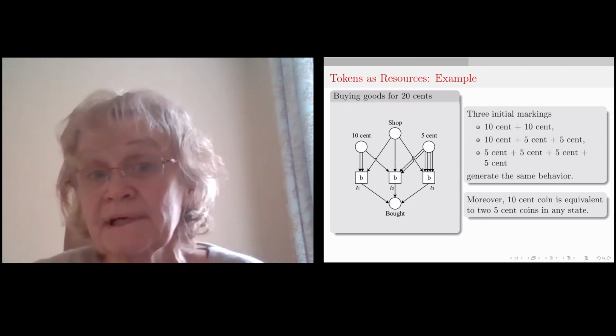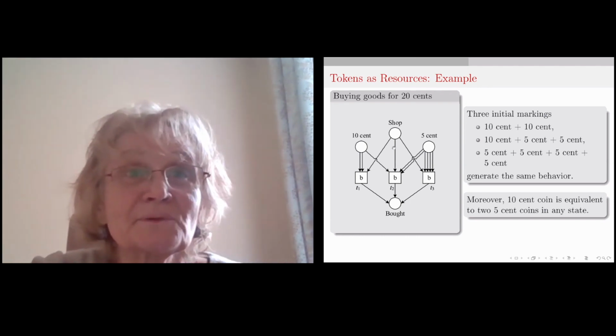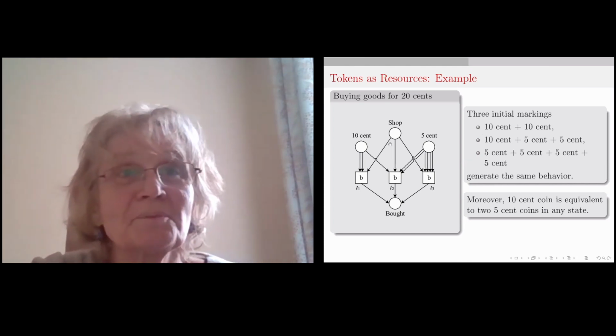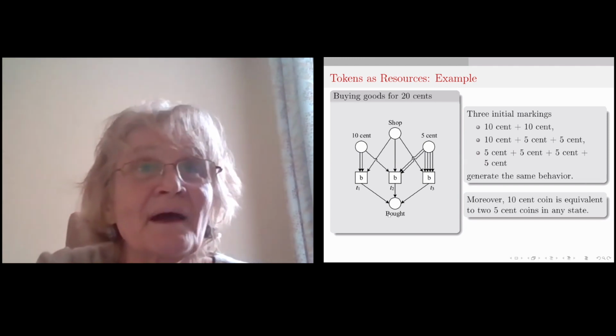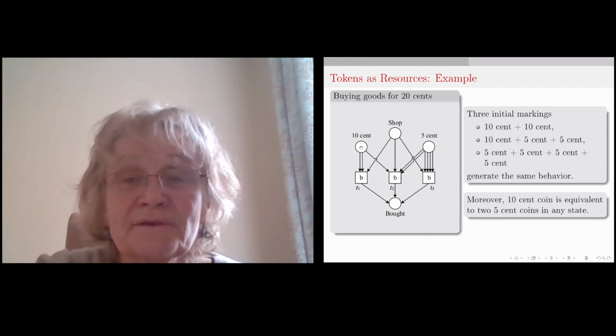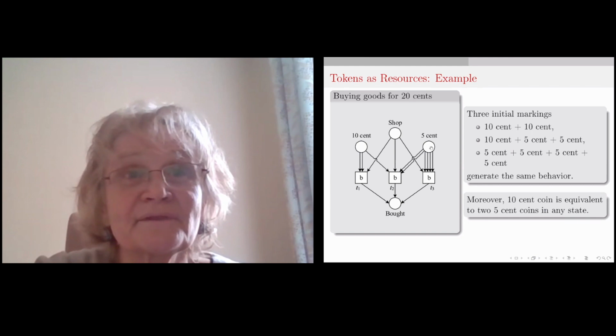And here is an example which illustrates it. We have a Petri net. It is a shop where we can buy, say, some candy. This is a place for coins of 10 cents, 5 cents.